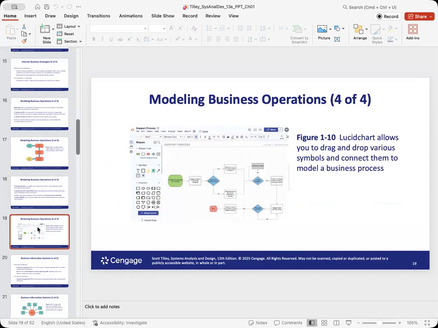So let's say you are designing a system, or you are writing a document to inform your management, the CEO, why you need a particular software.